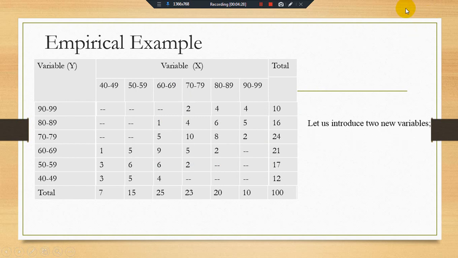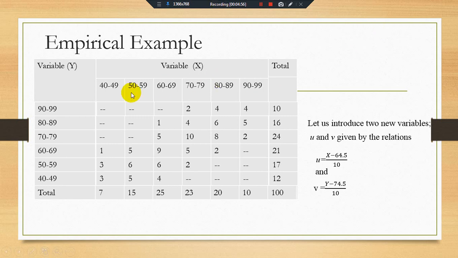Okay, we have to introduce two new variables, u and v, given by the relations u is equal to x minus 64.5 divided by 10, and v is equal to y minus 74.5 divided by 100. Keep in mind that the calculation is going on.